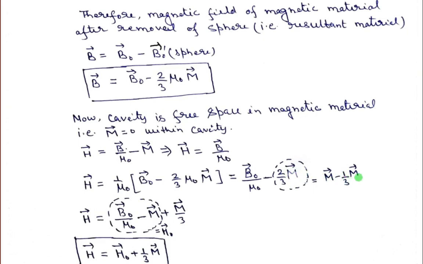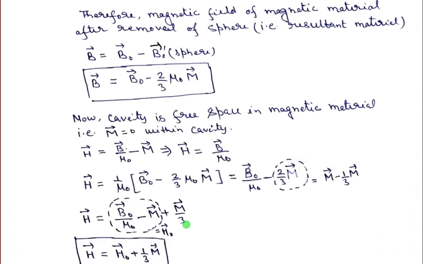So in place of 2 by 3, we can substitute this value. If you do that, the H vector will be equal to B0 vector divided by mu 0 minus M vector, because this minus and this minus will become plus, that is plus M vector divided by 3.